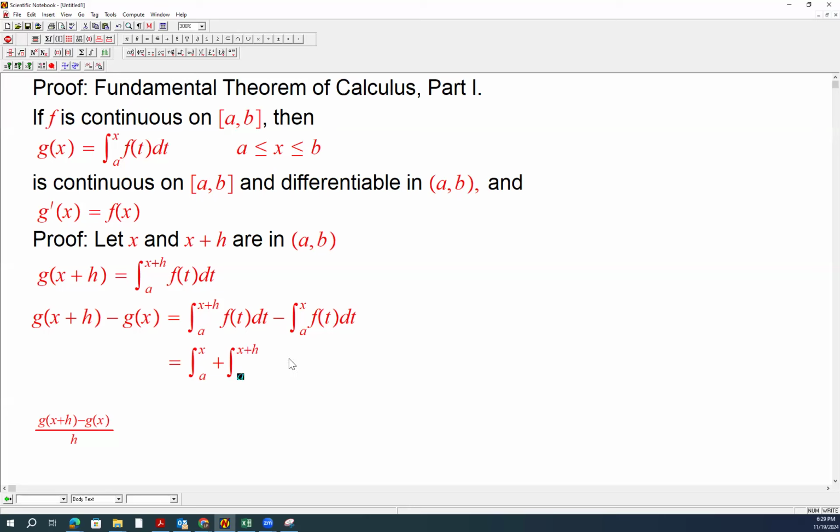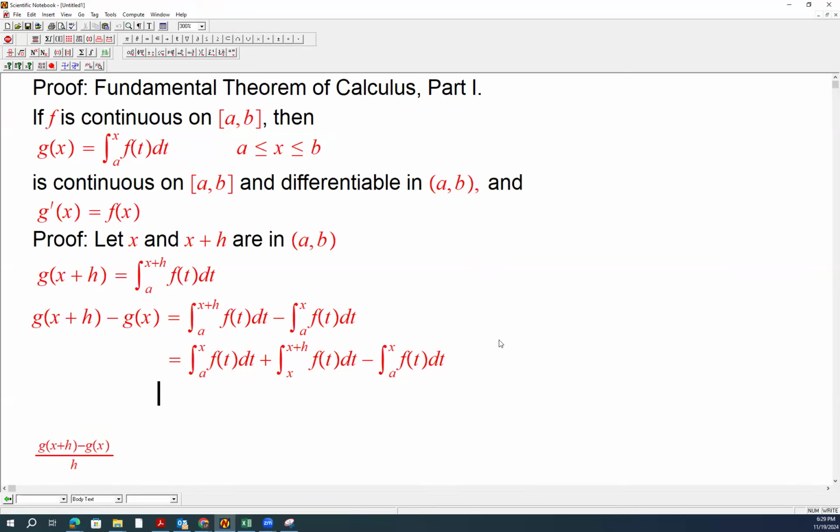The integral from a to x plus h is split into the integral from a to x plus the integral from x to x plus h, for the same function. Subtracting the other integral, the two pieces from a to x make 0.